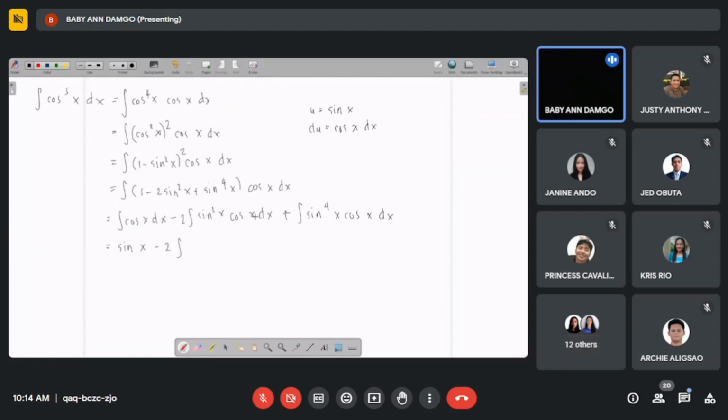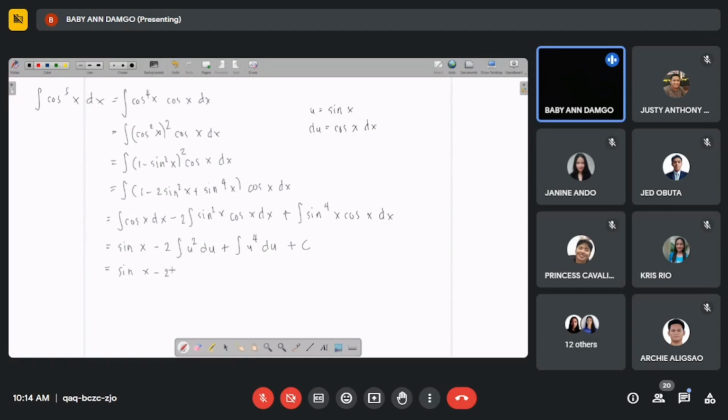So we will use substitution to solve this. So we have our u equal to sine x. So u squared, and then cosine x dx is du, plus the integration sine x, so this is our u, and then to the power of 4 cosine x dx is du plus c because nag-evaluate na ta og integral diri. Okay? So, apply the power rule for integration.